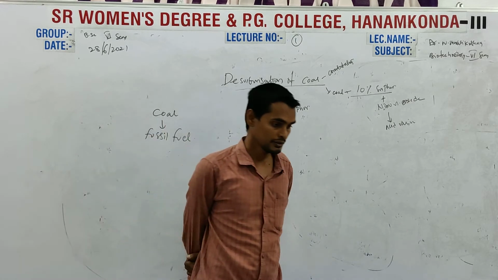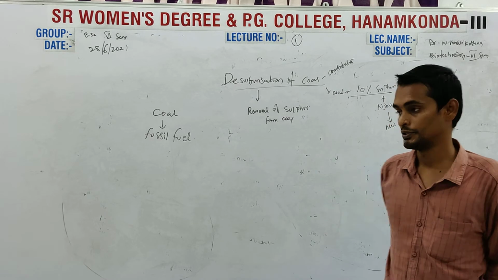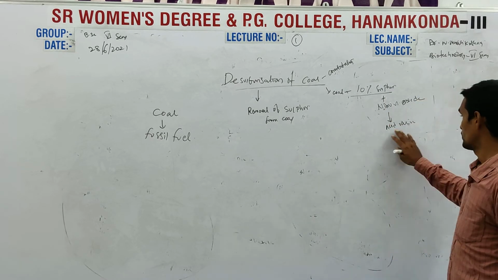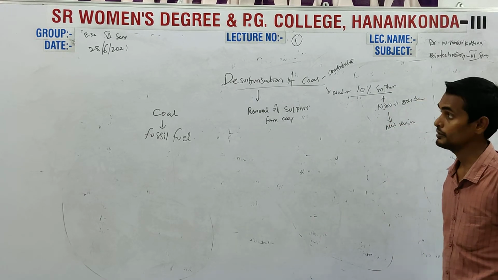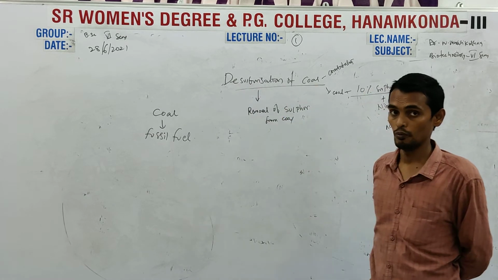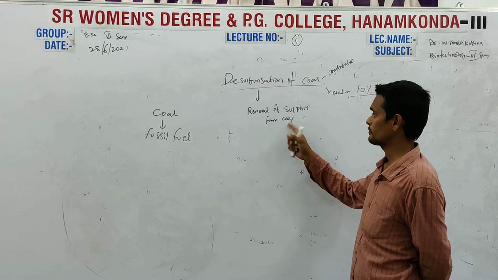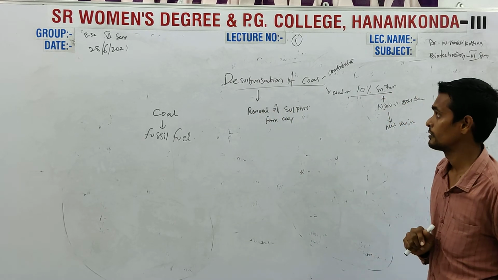In order to avoid such environmental damage caused by acid rain, we use the process called desulfurization of coal, which is nothing but simply removal of sulfur from coal.